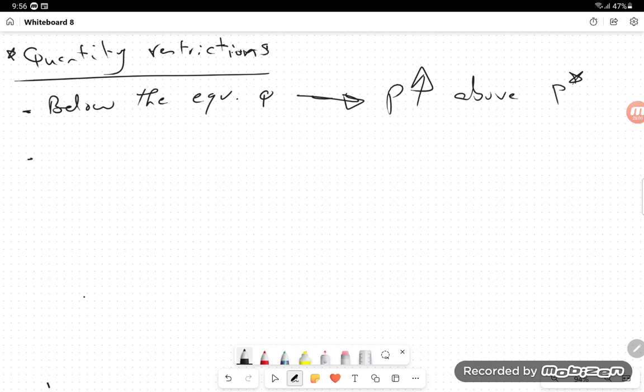And if the government is going to set quantity above the equilibrium quantity, prices will fall below the equilibrium price to allocate the extra product.